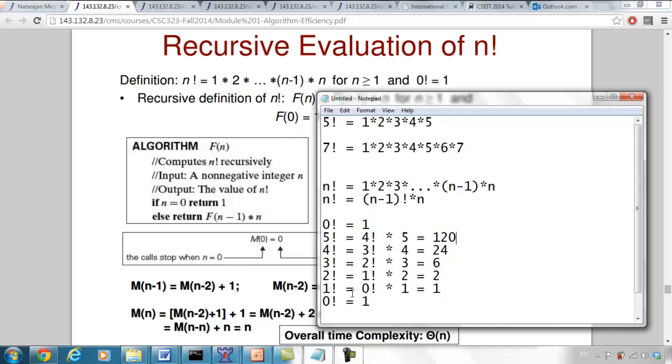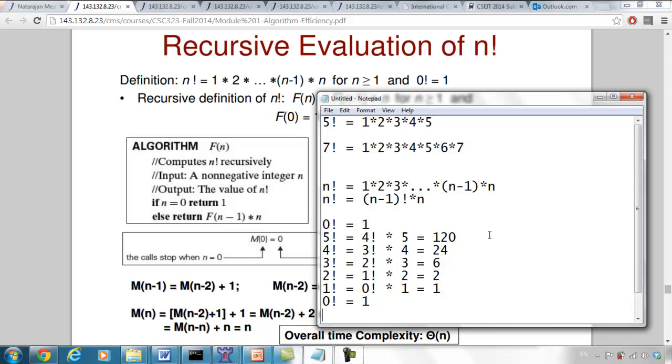So if I want to compute, say, 5 factorial, we don't need to worry about much of the details. All we can see from here is that the number of multiplications involved will be the number of multiplications involved to compute 4 factorial plus one more multiplication. That's all I need, right?